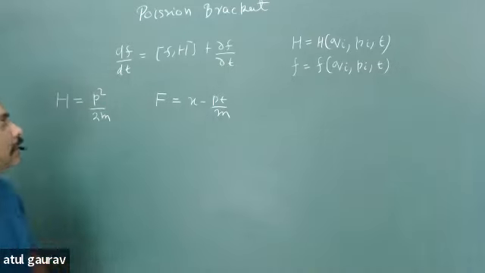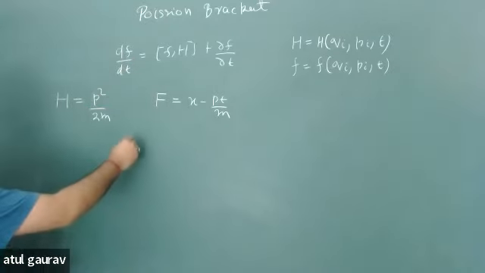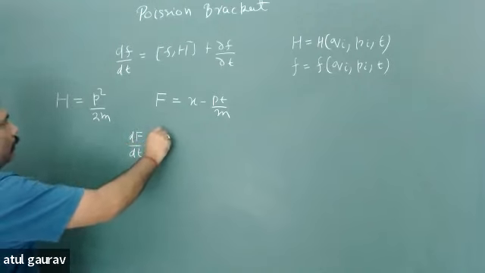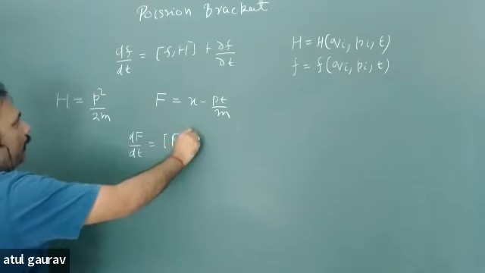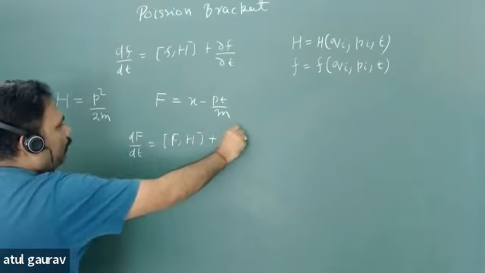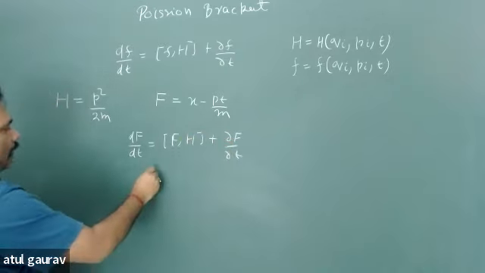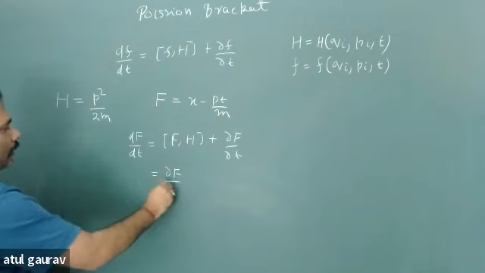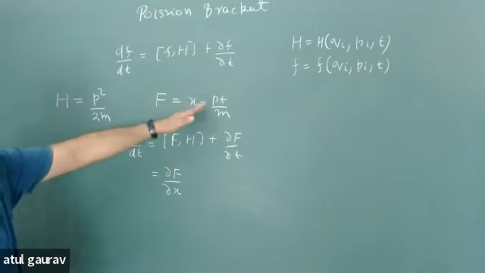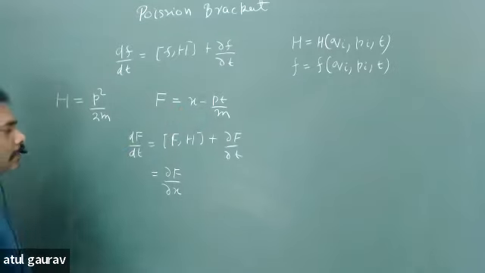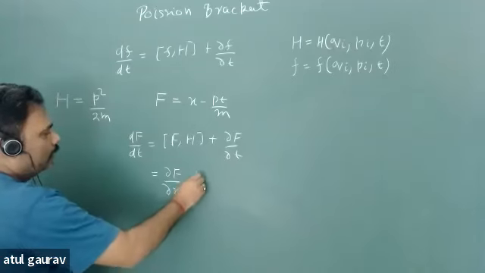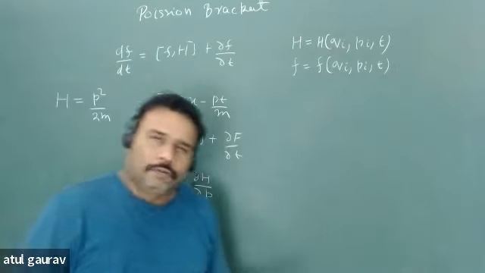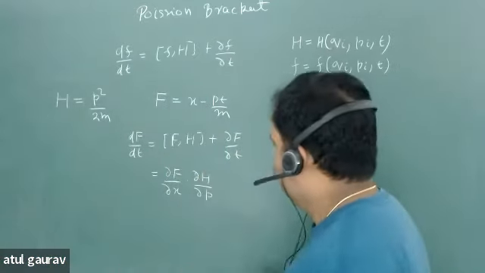So obviously we have to use this particular equation: df/dt = {f, H} + ∂f/∂t. And here we can easily find ∂f/∂x. x is the generalized coordinate, p is the conjugate momentum, and we have ∂H/∂p; since there is only one generalized coordinate, we can use p, there is no problem.